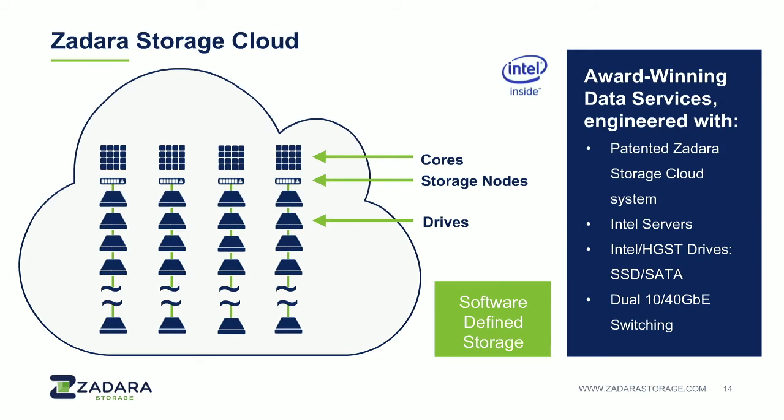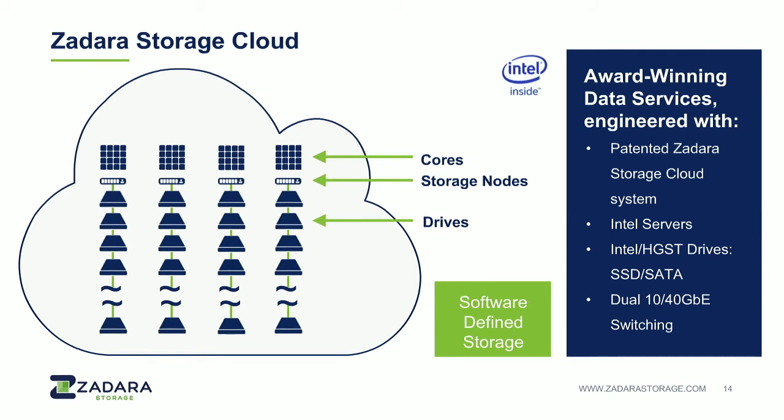What it looks like is servers with a lot of drives directly attached inside those servers, and an interconnect that's a standard high-speed Ethernet connection, typically 40 gigs, connecting these, what we call storage nodes, to each other.